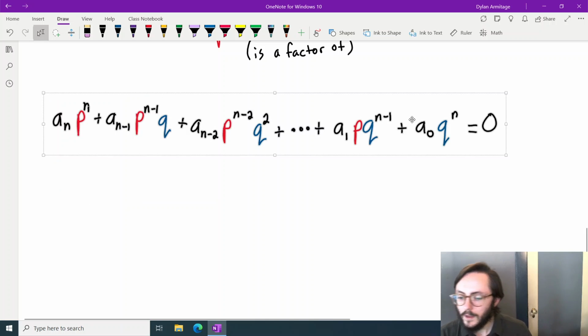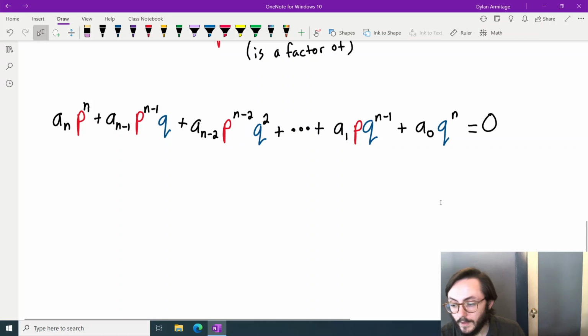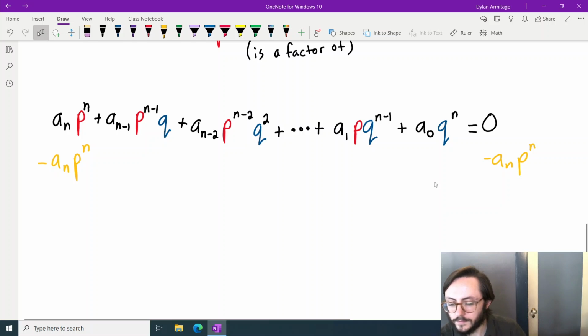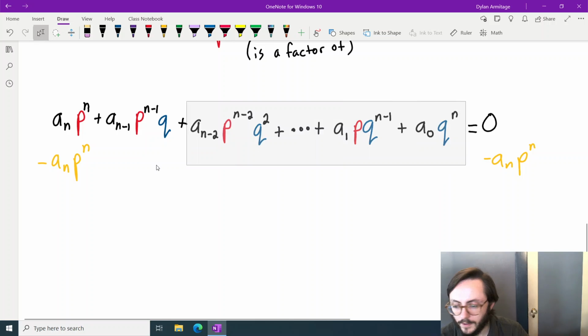So now, instead of subtracting our constant term, a sub 0, let's subtract the leading term, a sub n times p to the nth power, from both sides. So that will give us this part here.